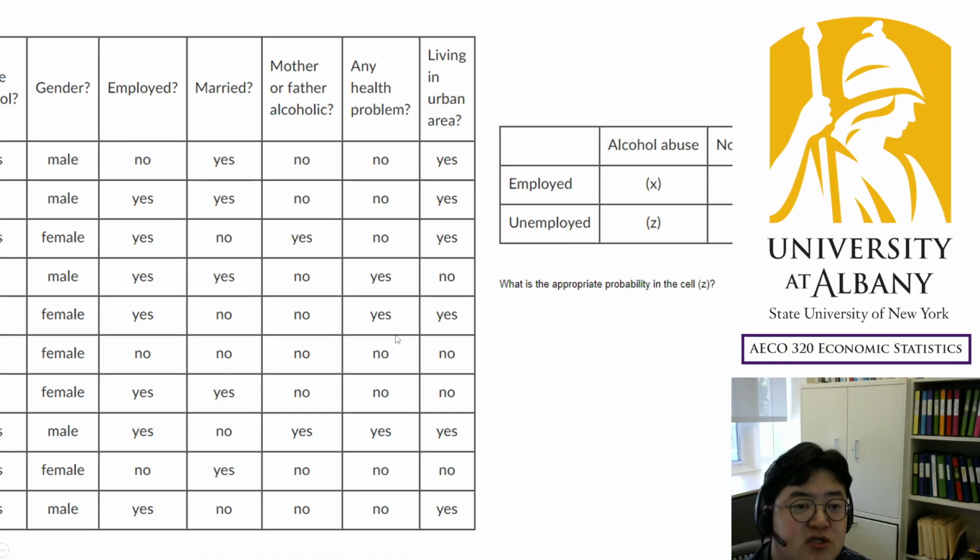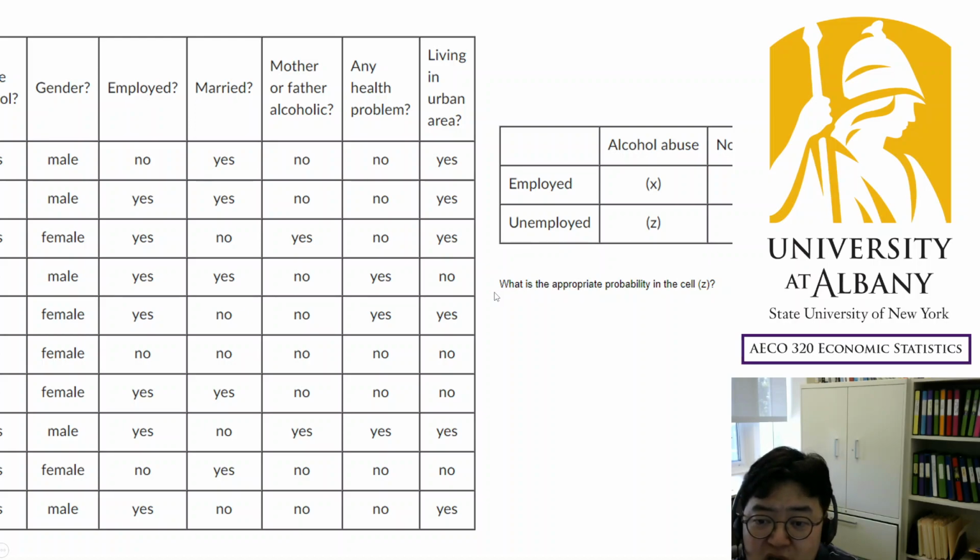Maybe this is the final question. So this is another simple data problem. I have data on 10 people and ask a few questions. Like in a survey, we have a few variables for 10 people, and we are going to classify them into a 2 by 2 distribution table based on alcohol abuse and employment status, right?